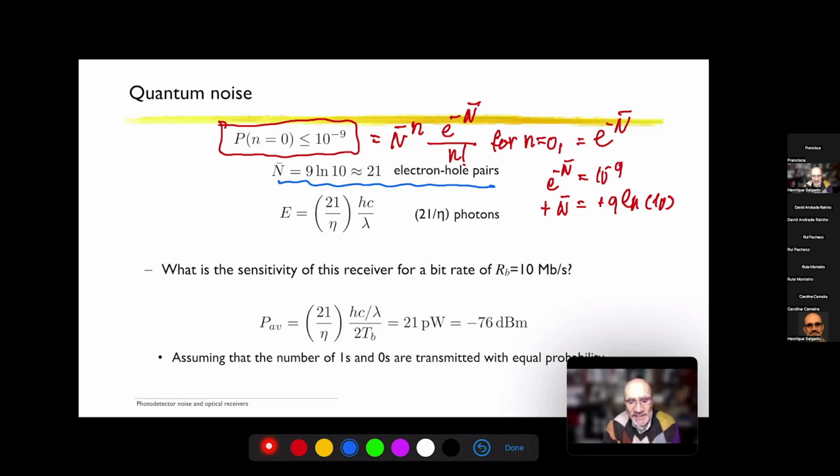Assuming a certain quantum efficiency, if we divide this number 21 of electron-hole pairs by the quantum efficiency, we have the required number of photons at the detector. And when we multiply this number of photons by the energy of each photon, we have the total energy contained in this pulse, okay?